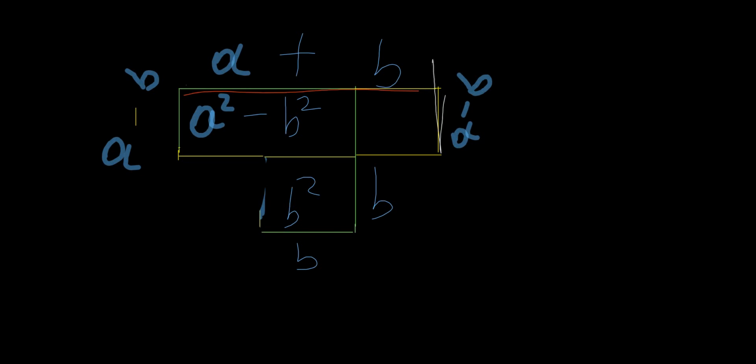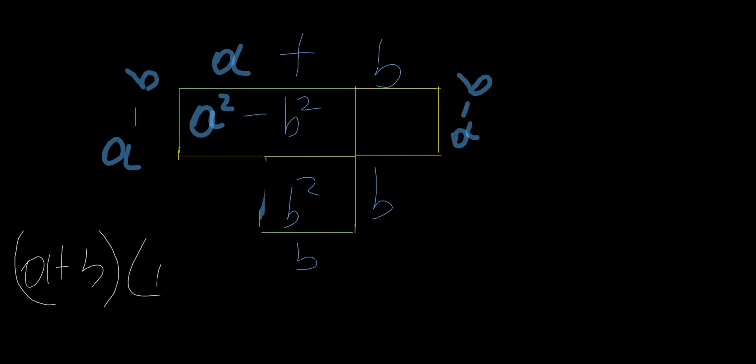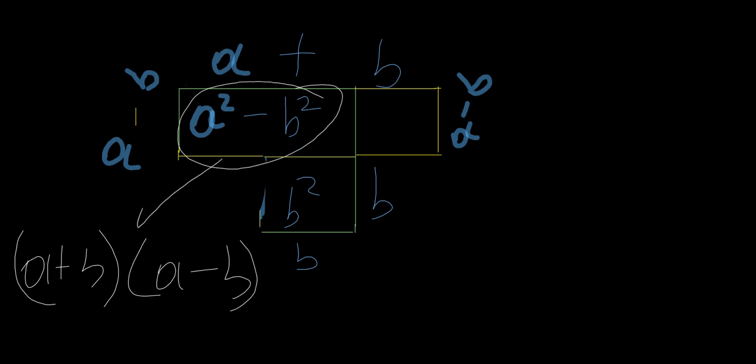The length is a plus b, and the width is a minus b. So we prove that this is coming from that. It doesn't matter which way you look at it.